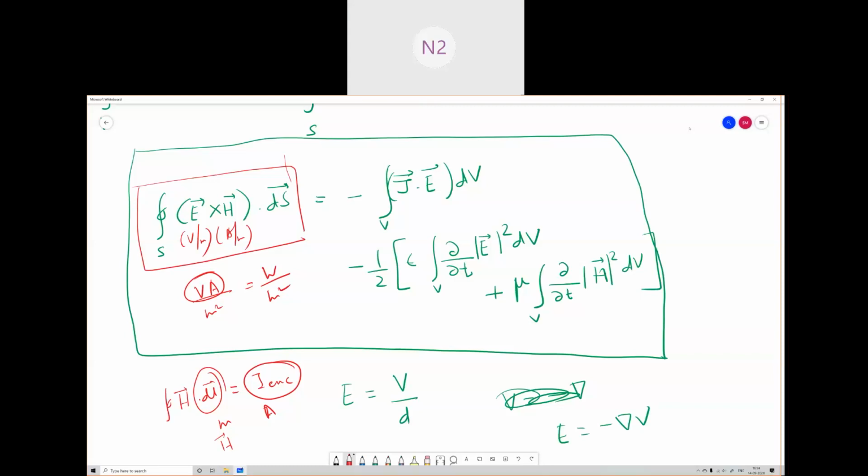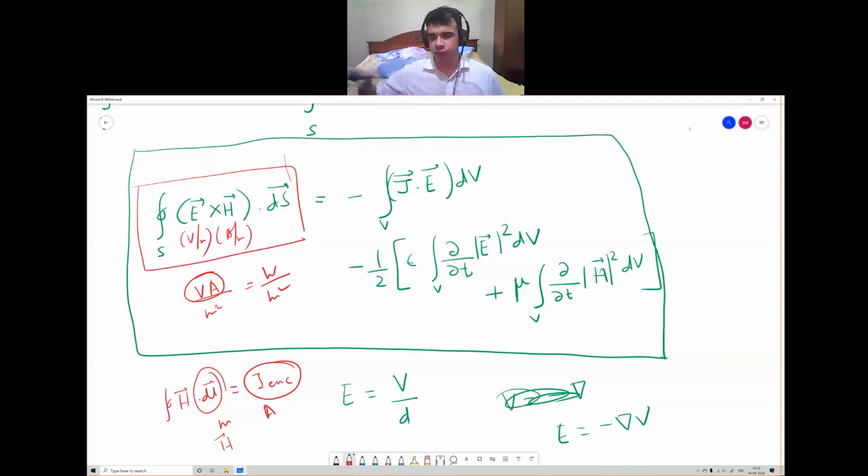This is power, but it is the power flux because it has a closed integral of ds.